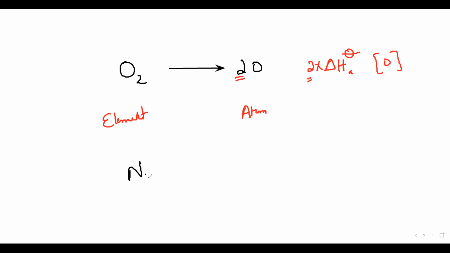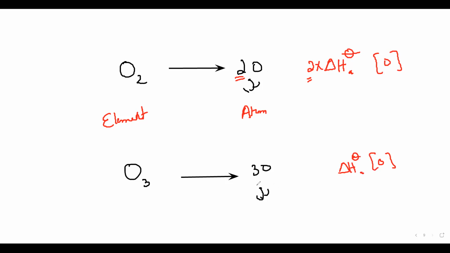But if we have nitrogen, or say ozone, instead of oxygen, O2, we have ozone, and we supply energy and produce 3 oxygen atoms in the gaseous state. Under standard conditions, this is the standard enthalpy change of atomization of oxygen, and because 3 oxygen atoms are produced, this will be multiplied by 3.